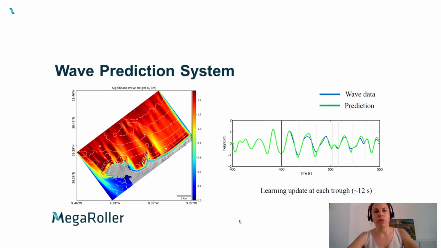There's some news or a blog post on the MegaAlert website from our partner that describes it in a bit more detail. But essentially, we feed wave elevation time series into an echo state network that then computes a prediction of the surface elevation associated with the next few incoming waves.